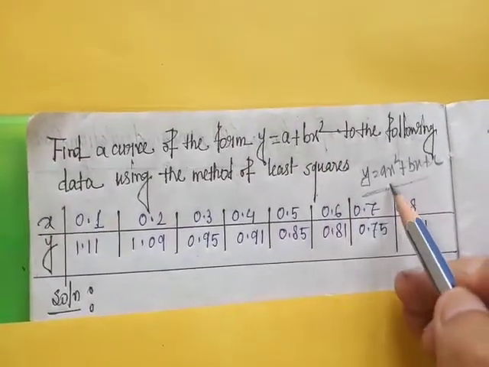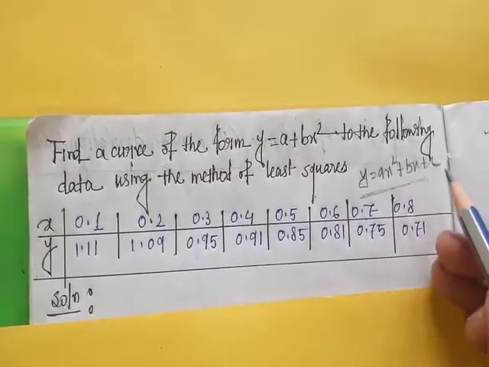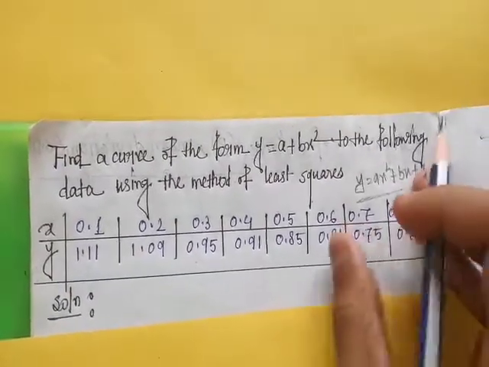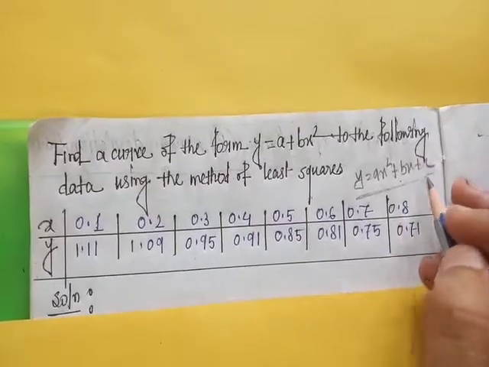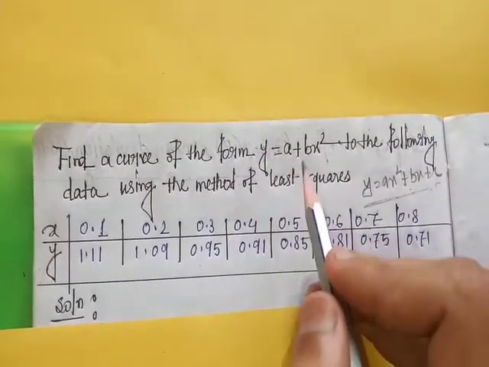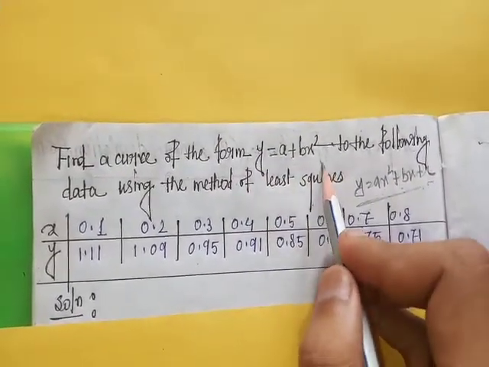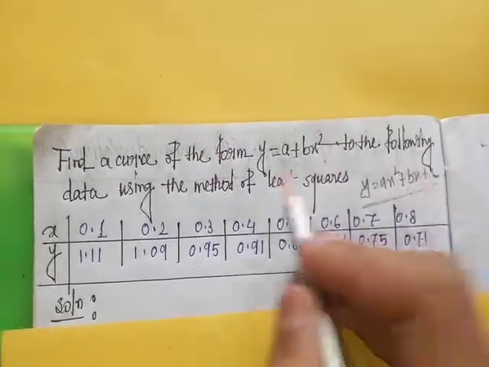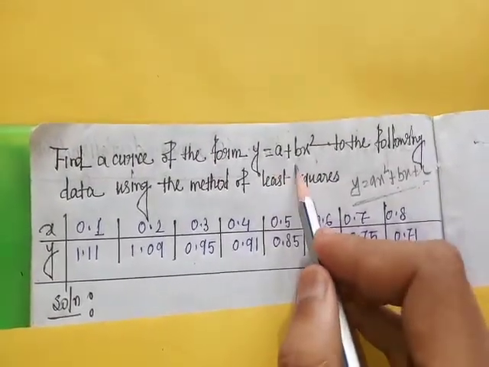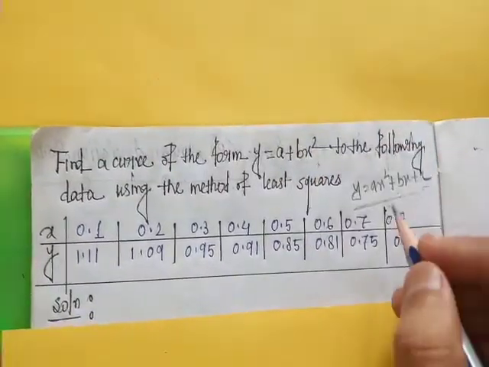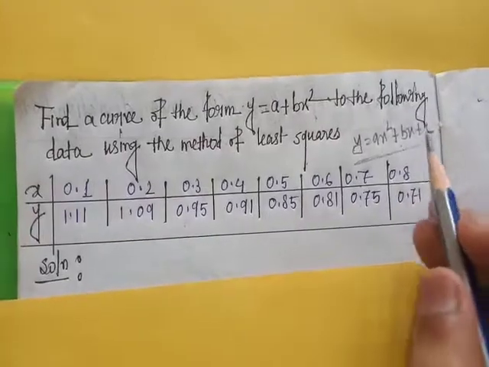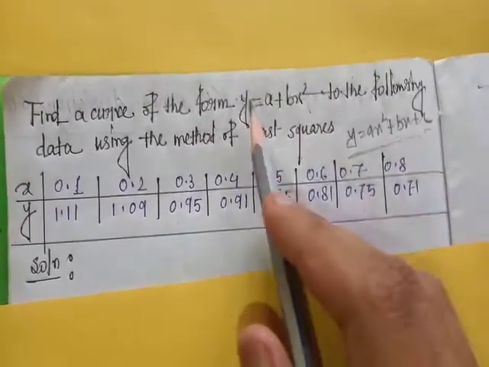In the equation y equal to ax square plus bx plus c there are three unknowns, a, b, c. Here in y equal to a plus bx square, two unknowns are present, a and b.